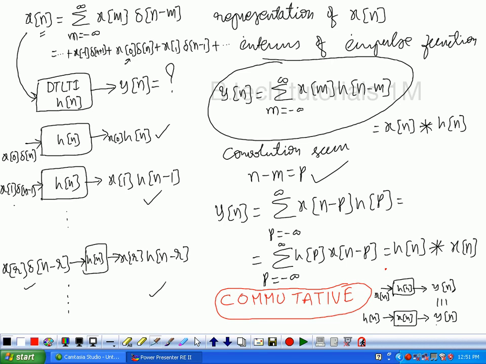Of course, in practice we cannot replace them because the impulse response of the system depends on the system parameters. But here we can replace the impulse response with the input. Our impulse response and input can be interchanged, but the output of the system will not change according to this commutative law of the convolution. Understood?